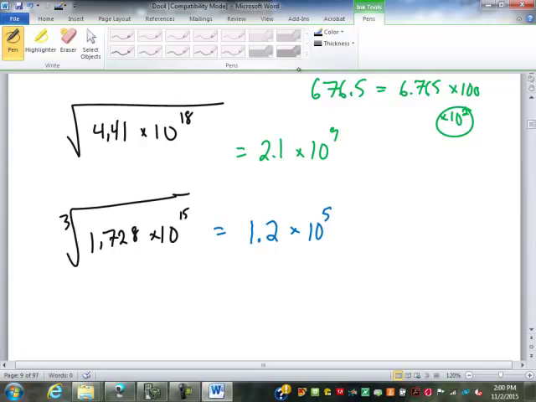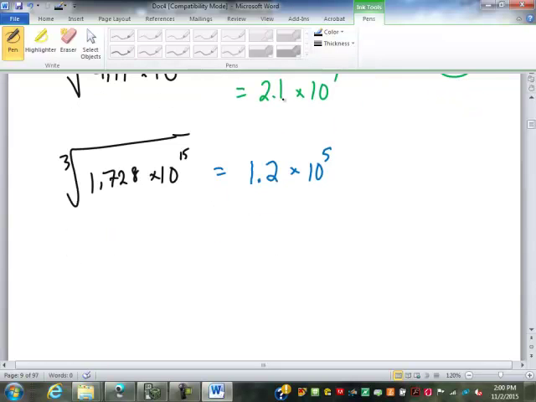Now, there is a variation of scientific notation referred to as engineering notation. Engineering notation is different from scientific notation in 2 ways.